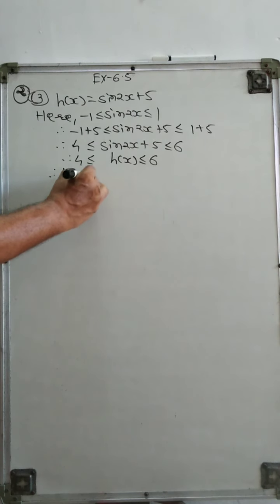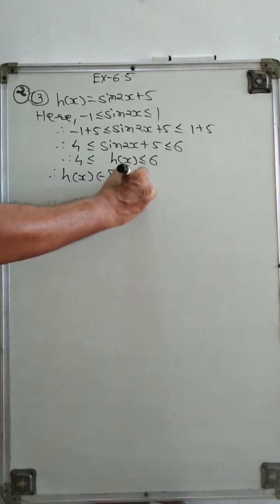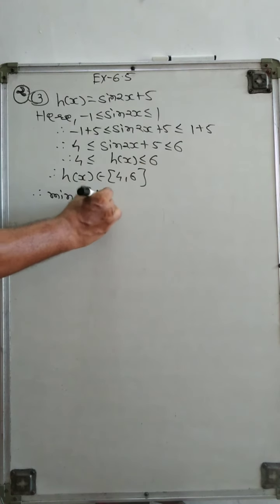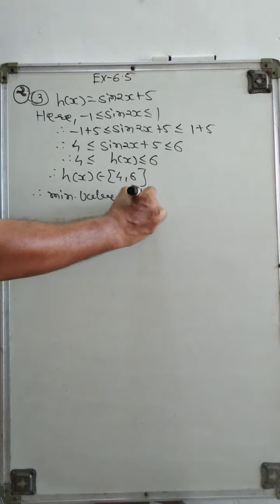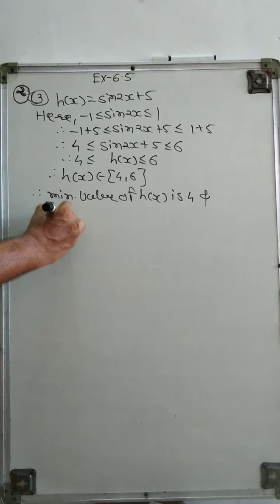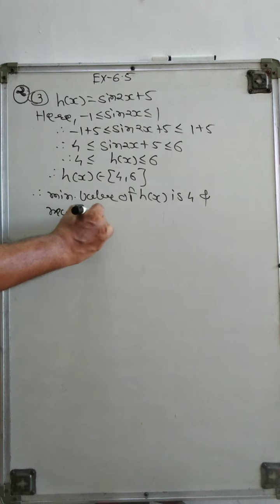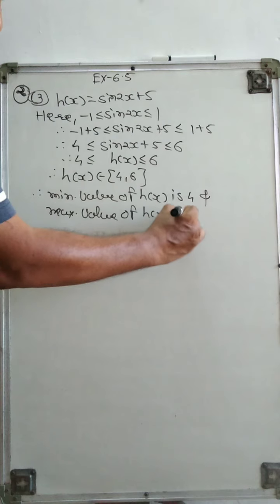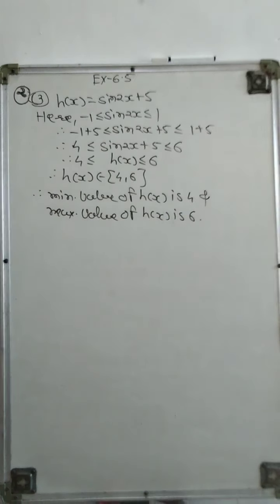Therefore, h(x) belongs to [4, 6]. Therefore, the minimum value of h(x) is 4 and the maximum value of h(x) is 6. Right? So here the function obtained both values.